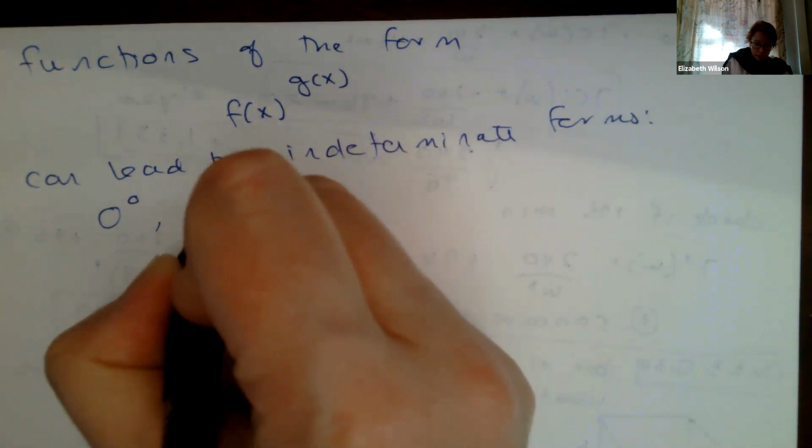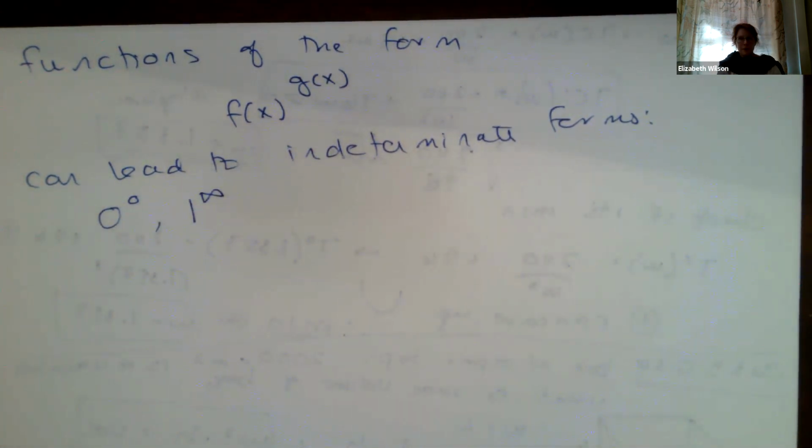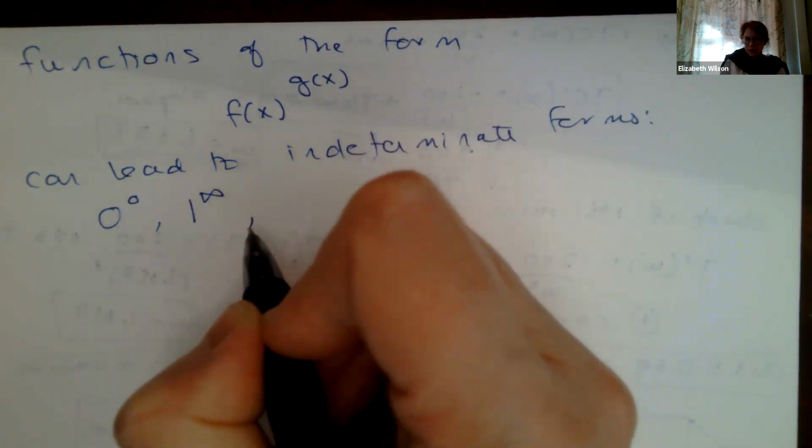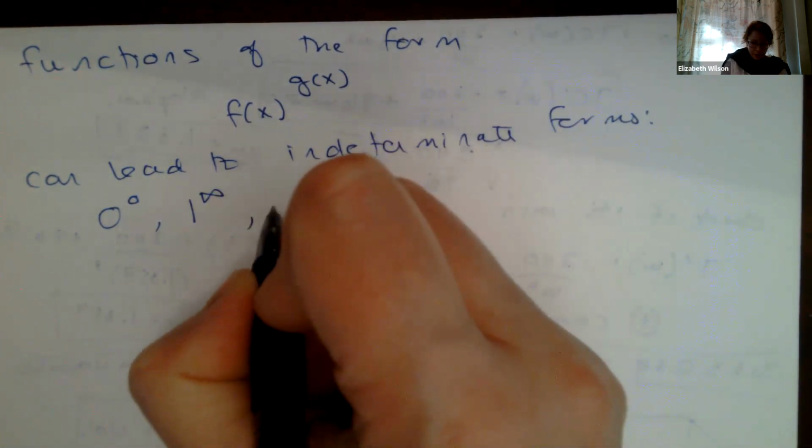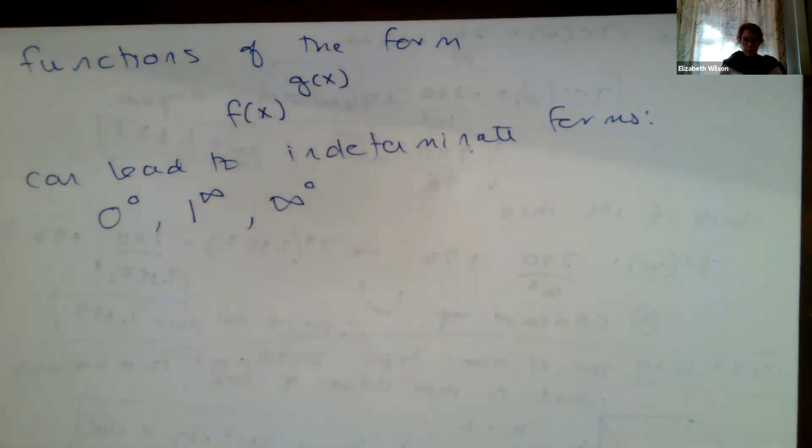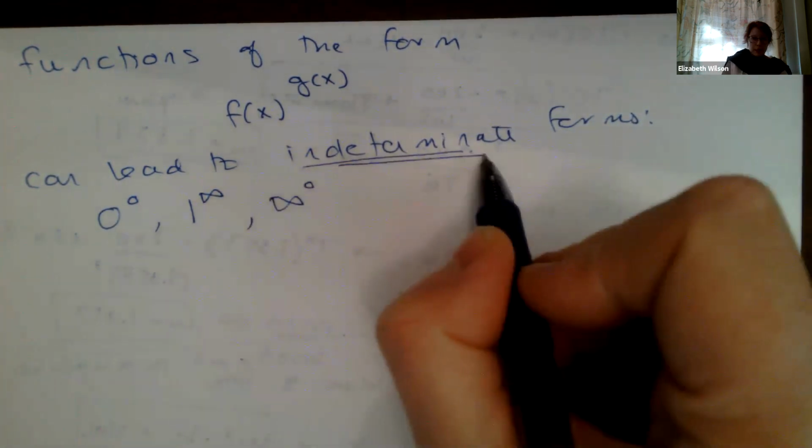I can get 1 raised to the infinity power. Well, is it 1 or is it infinity? I can get infinity raised to the 0 power. Well, is it 1 or is it infinity? If you're asking yourself how do I evaluate this limit, there's a good chance that it's indeterminate.